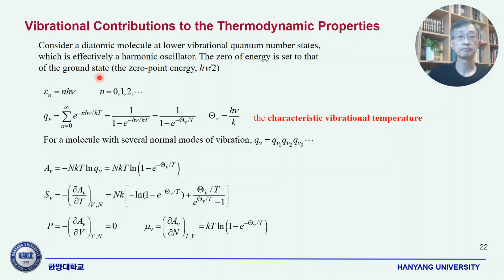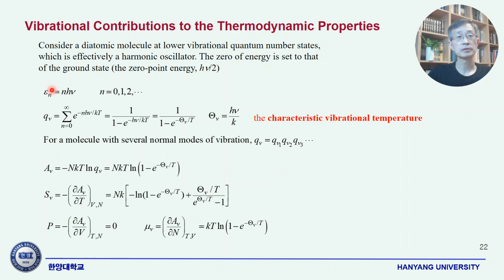Also, the lowest vibrational state has quantum number 0, but there is a zero-point energy, half of h nu. We are going to set that to 0, meaning the zero-point energy is considered to be 0 on the energy scale.